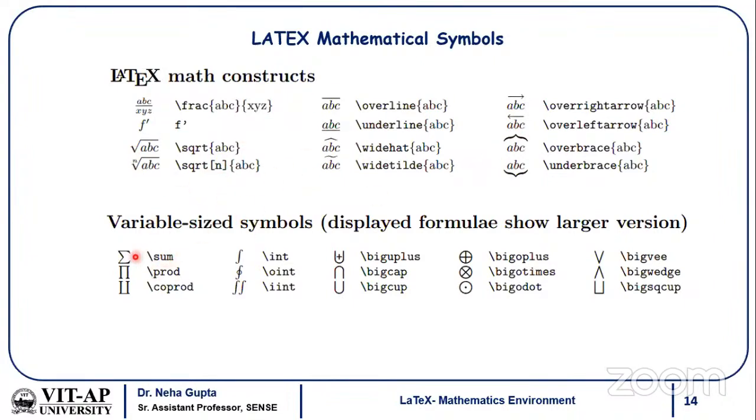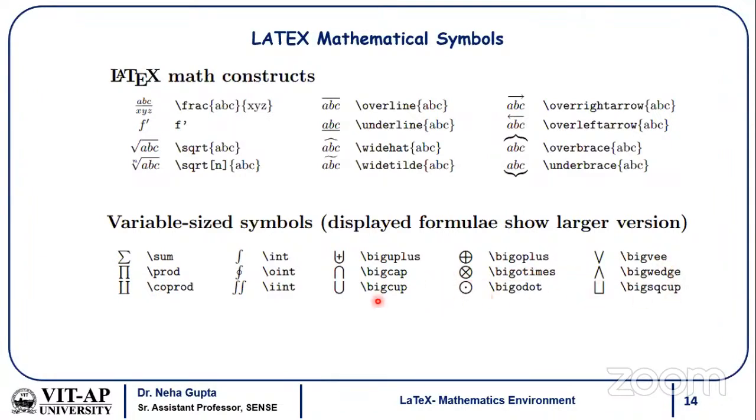Variable size symbols, some we have already seen, the use of summation with the help of the sum command. This also we have seen in one mathematical expression. If you want to use integration, double integration, just see int, and with this integration, oint. Whatever you want to get, product, this we get in mathematics, whatever symbol.